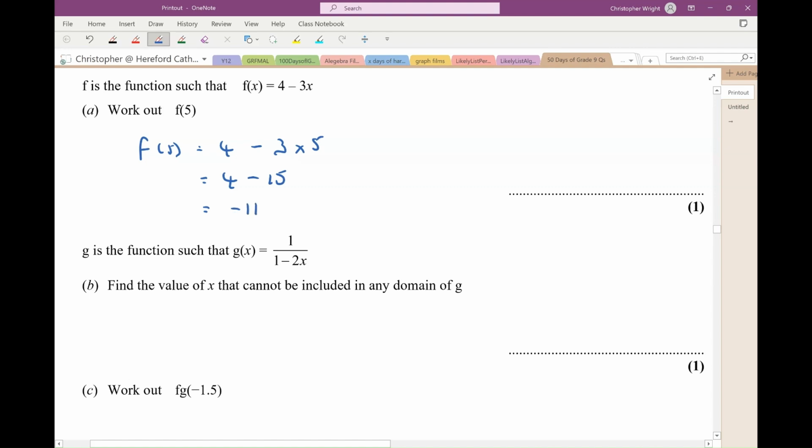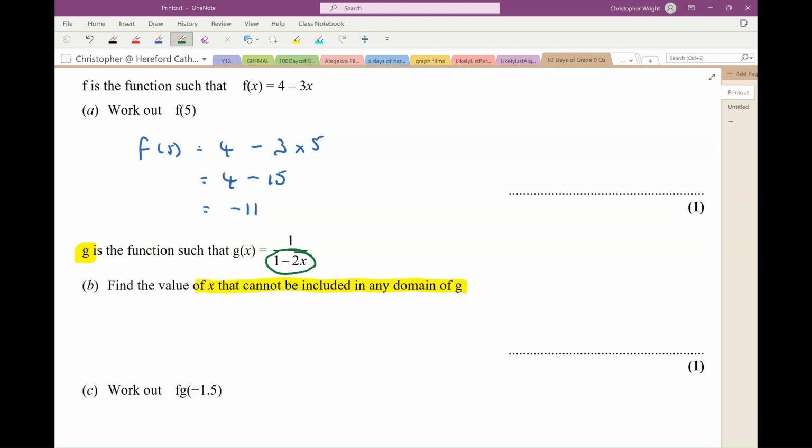Good. Okay, now g is the function such that g of x is 1 over 1 minus 2x. Find the value of x that cannot be included in any domain of g. Okay, well, those are values of x which give me 0 for my denominator, because that won't work in that formula.